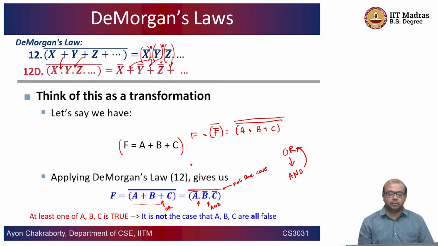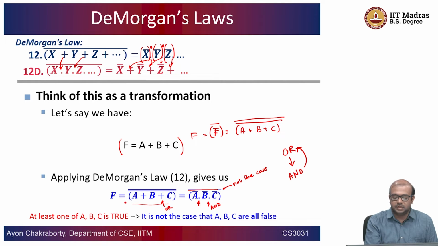Okay, so if you apply De Morgan's law on the right hand side, the expression becomes a bar dot b bar dot c bar, and on both sides we have this top bar. If you follow the slides here, we write f is equal to a plus b plus c double bar.